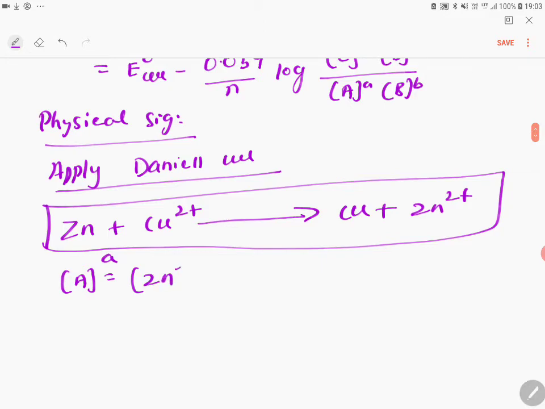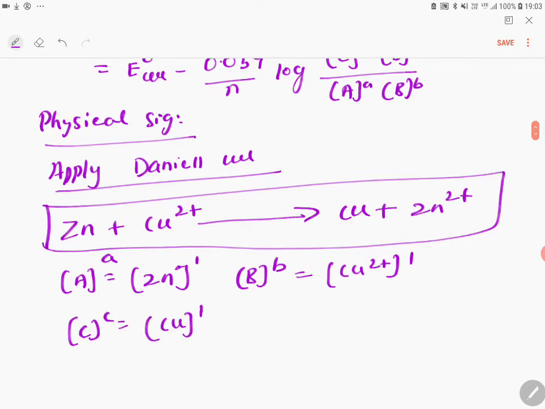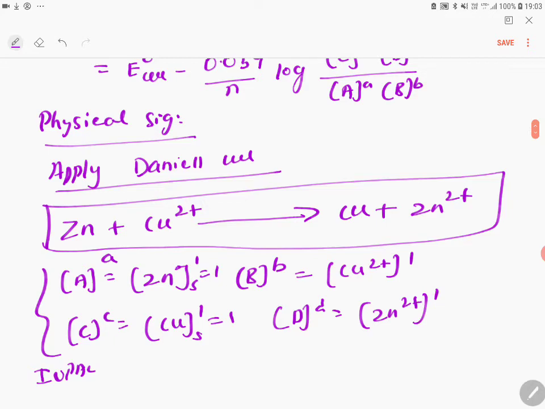It is zinc whole power 1. What is B power b? This is Cu2+ whole power 1. Then what is C power c? It is Cu power 1. This is solid Cu. So solid Cu and solid zinc are always considered as unity with respect to IUPAC. Then next, coming to capital D power d, it is Zn2+ whole power 1.